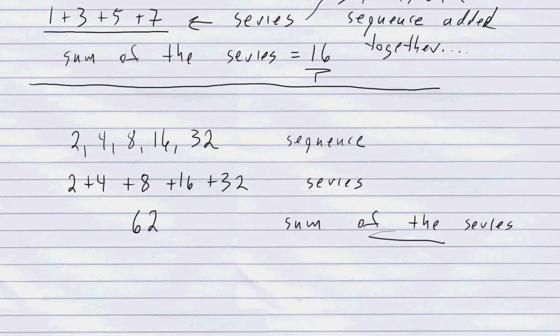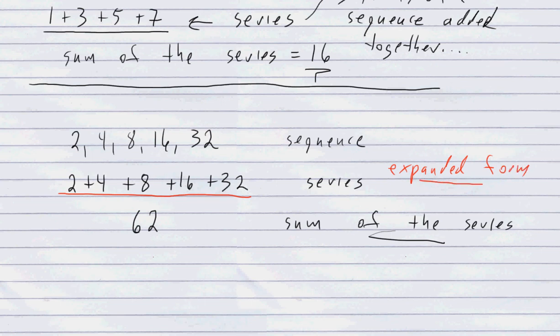Now, another vocabulary thing we want to make sure we've got is that when we write the series like this, where we write each of the terms out with the addition symbols in between them, that is called expanded form.